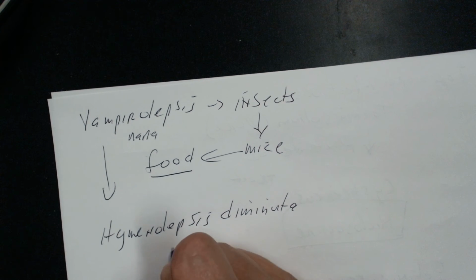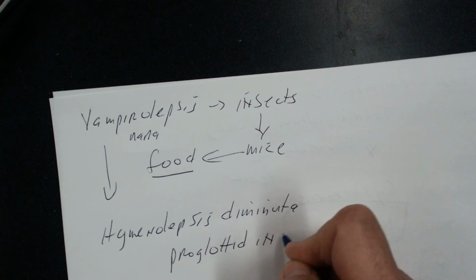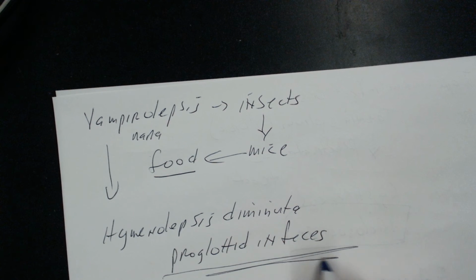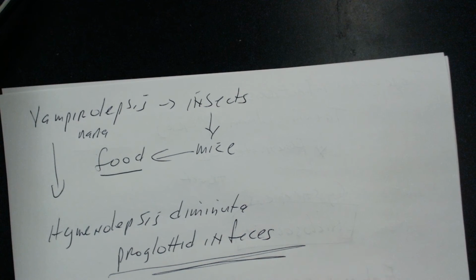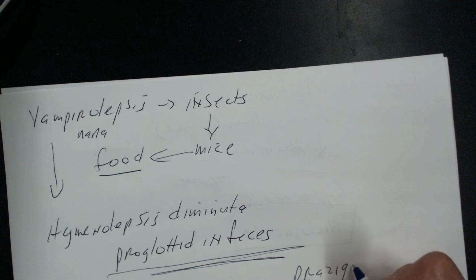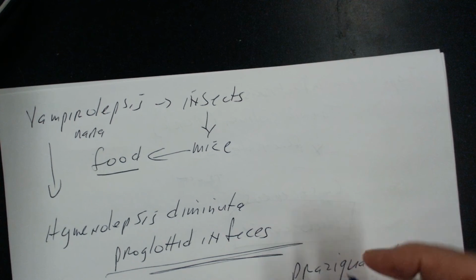You find the proglottids in the feces. So you do a fecal smear. You can't miss them. They're very, very hard to miss. They've got organs and so on. You can't miss them. So treatment is with praziquantel. Praziquantel does a very good job against tapeworms.